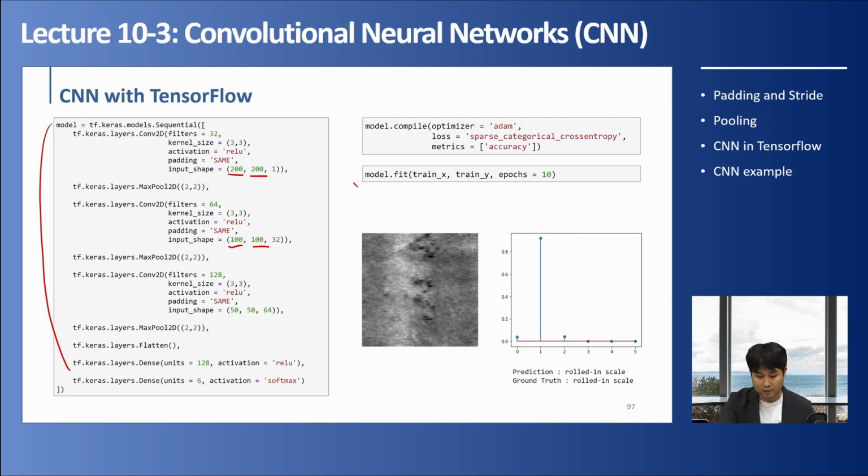The syntax for the training will be identical, and for the results, because we only have 6 classes, this time we'll have a vector with only 6 dimensions. And again, just like we've seen in the MNIST case, with high probability, the CNN thinks that this image belongs to the defect of a rolled-in scale. And based on the ground truth, we can say that the CNN was actually correct.